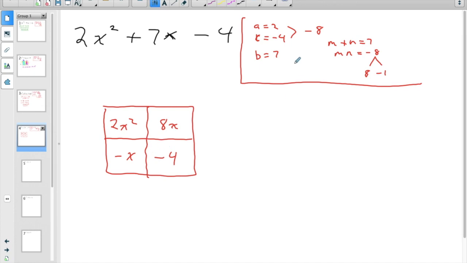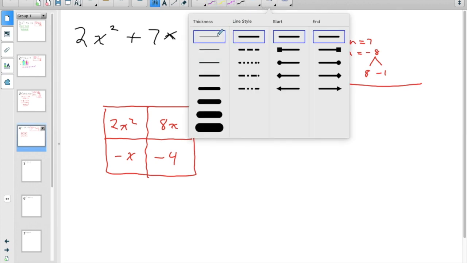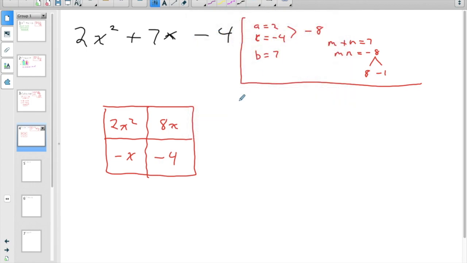First, we're going to go across the top. So I'm looking at this direction and I'm asking what is the greatest common factor of this? 2x being my answer. And then I'm also going to do the same thing with these bottom two.